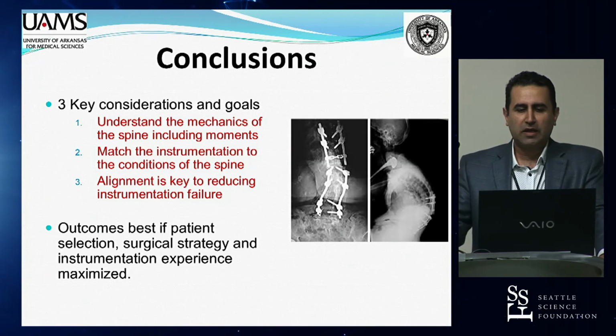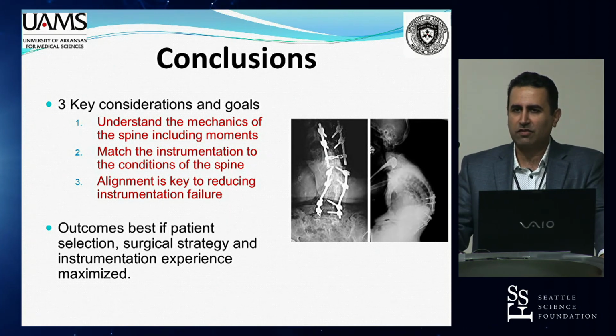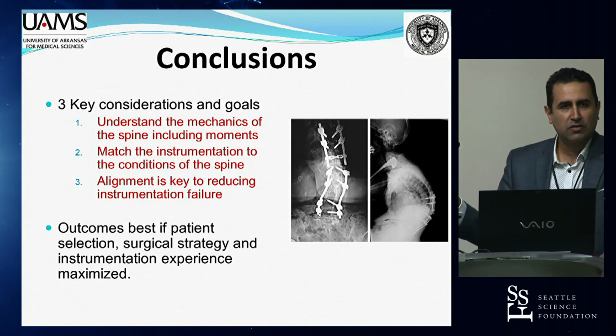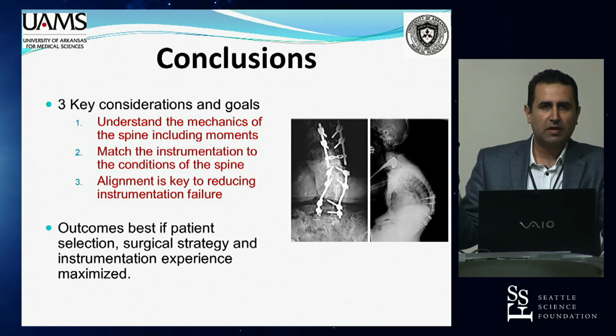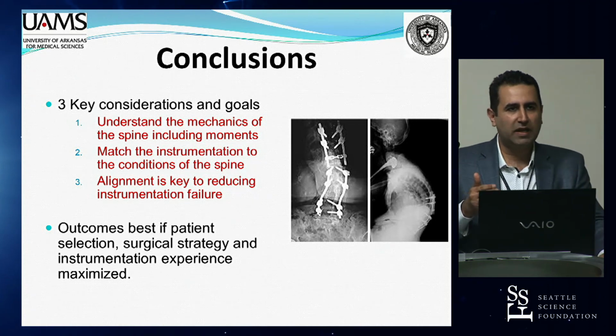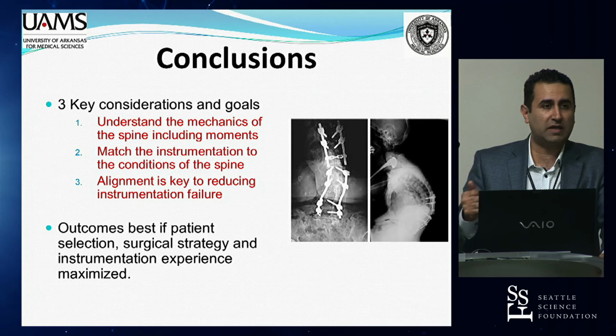So, three key considerations and goals. One, understand the mechanics of the spine we've talked about, including these forces that we mentioned. Match your instrumentation to the conditions of the spine, and we talked about this. And alignment: reducing the possibility of the deformity increasing in time is key to reducing instrumentation failure.